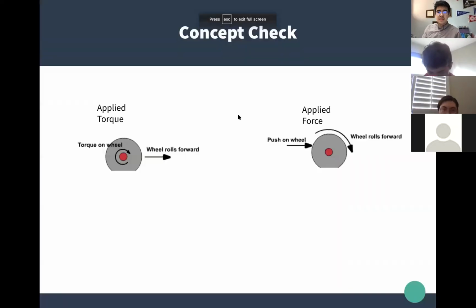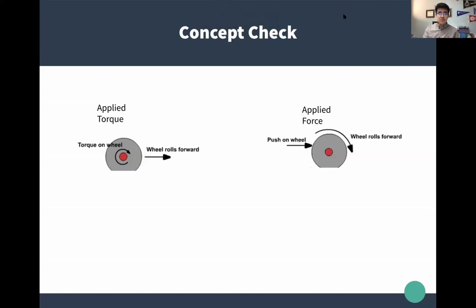Okay. So here's this concept check then. Here, I'm applying a torque to the wheel and the wheel's moving forward in the first one. On the second one, I'm just pushing on the wheel so that it's going to roll forward, but it's going to slide on the floor.